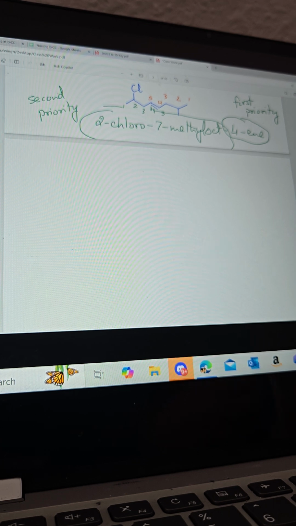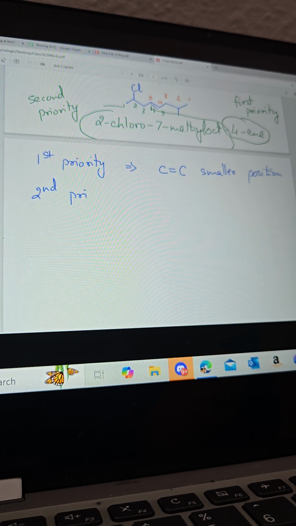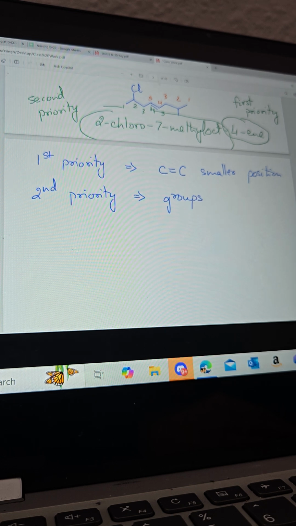Let me write this down instead of just saying it. So the first priority is for us to number the carbons so that the double bond gets the smaller position. If that is going to be the same in either direction, then the second goal is to make sure the groups, substituents, the branches have a smaller combination of numbers.